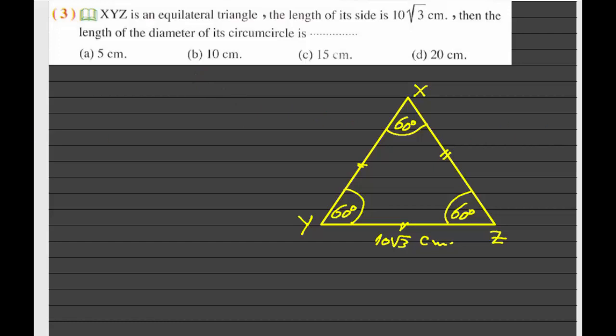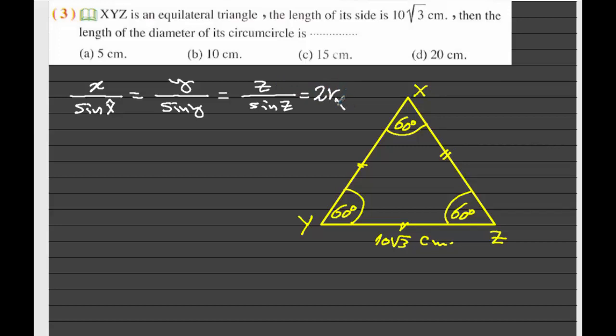Now we must write a sine rule: x over sine X equals y over sine Y equals z over sine Z. Each ratio equals 2r, where r is the radius of the circumcircle, the circle which passes through the three vertices of the triangle X, Y and Z.